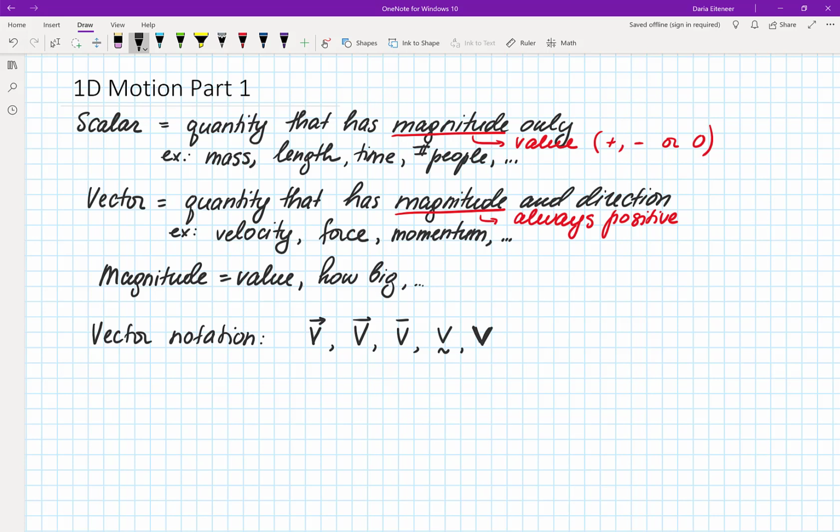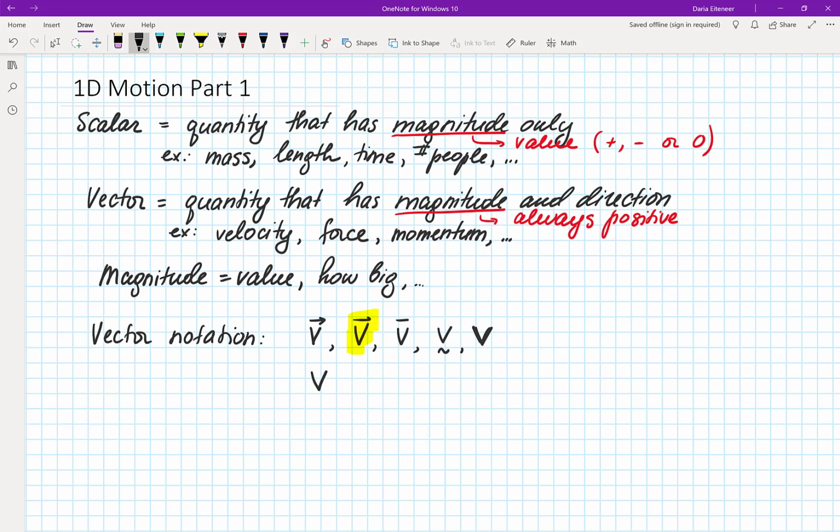Obviously, if you're taking notes, you're not going to make that bold-faced. I think this notation is probably the easiest one to see and use. But like I said, be on the lookout for all of these other notations, especially if you're searching for additional information somewhere.